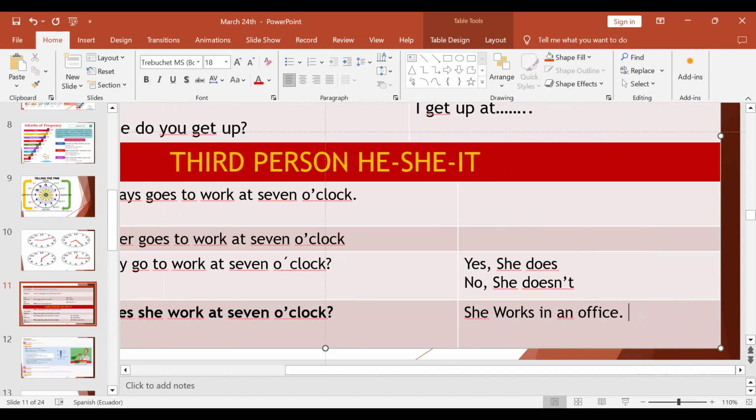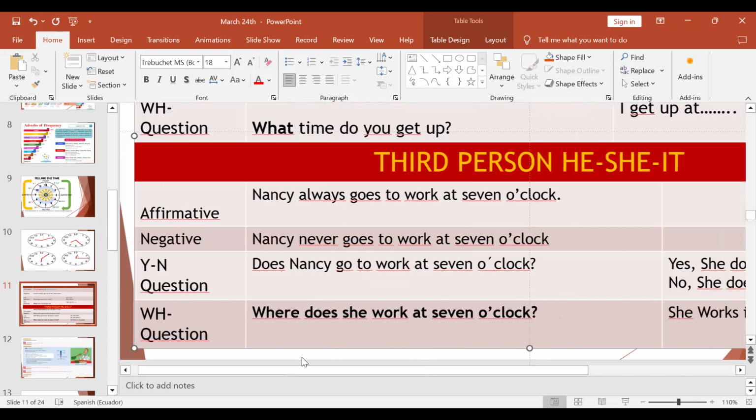Entonces, tengo que poner un lugar, ella trabaja en una oficina. She works in Guayaquil, mejor vamos a ponerle un lugar más específico. She works in Guayaquil. ¿Ok? She works in the park. She works in a hospital. She works wherever. ¿Ok? But a place.